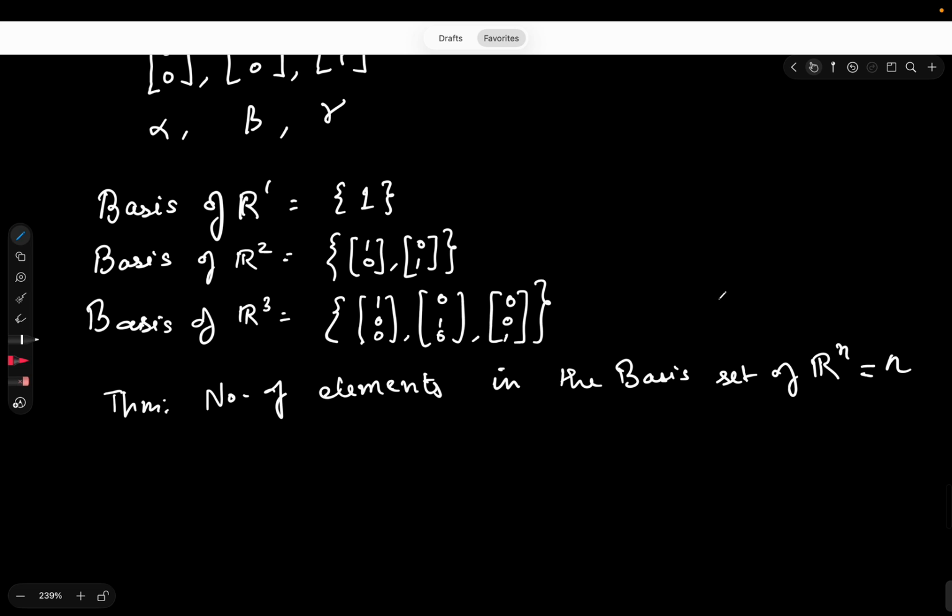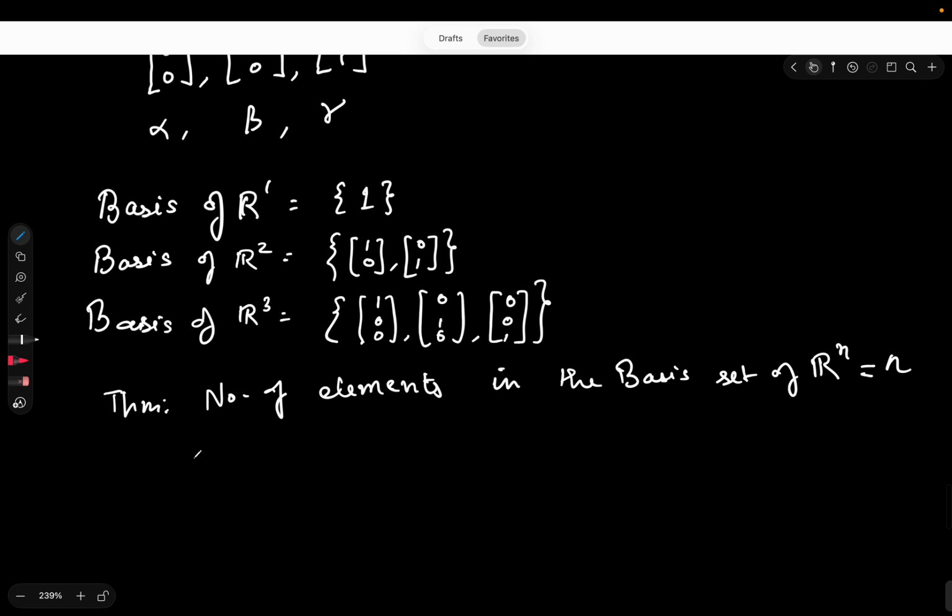But this does not mean that the basis is unique. The number of elements in the basis set of a specific vector space is always unique, that is n, but the basis can be different.